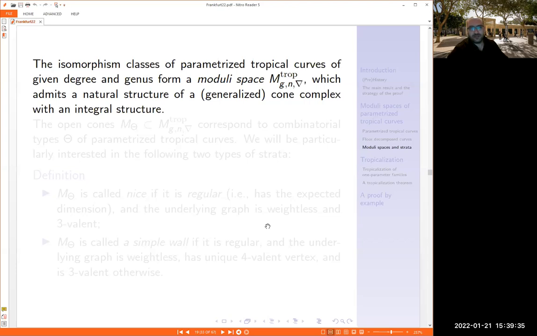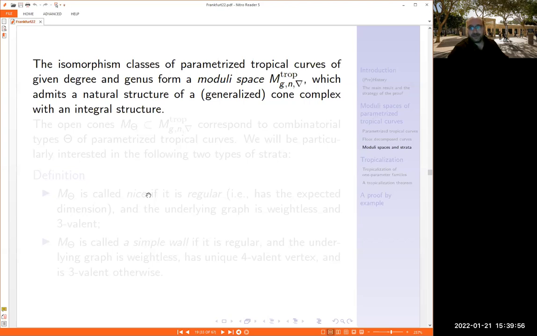This moduli space admits a natural structure of what is called a generalized cone complex. It doesn't really matter what these words mean. It is glued from polyhedra, some bounded, some unbounded, and each polyhedron comes with its integral structure in a natural way.